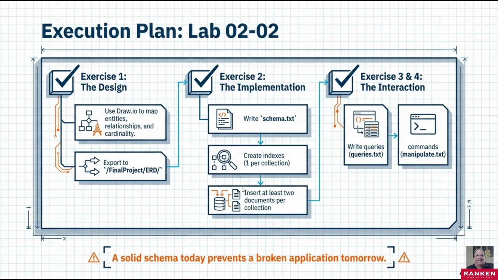The third part is the interaction, writing the queries and manipulating the data. We'll save that in a queries.txt file and a manipulate.txt file. This is just for grading purposes of this lab, not needed for the application itself.